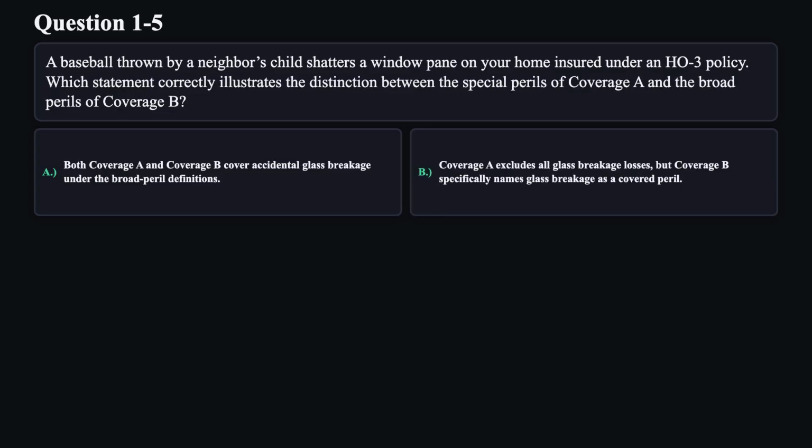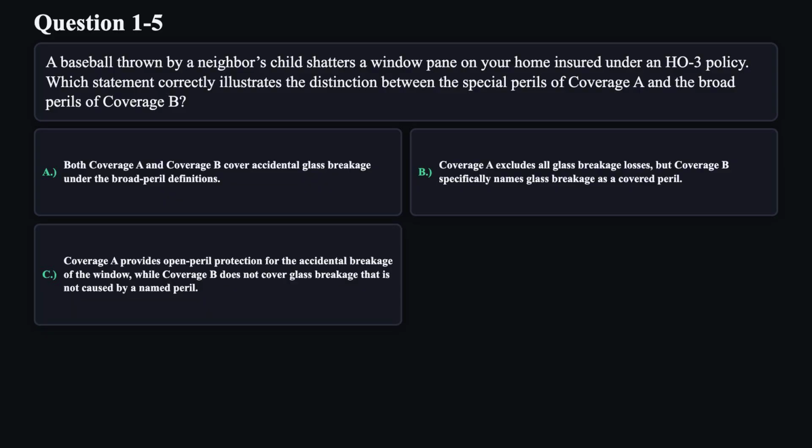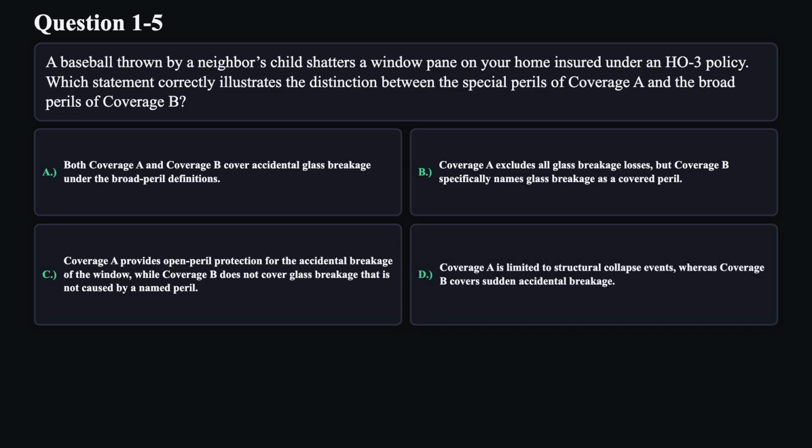B. Coverage A excludes all glass breakage losses, but Coverage B specifically names glass breakage as a covered peril. C. Coverage A provides open peril protection for the accidental breakage of the window, while Coverage B does not cover glass breakage that is not caused by a named peril. D. Coverage A is limited to structural collapse events, whereas Coverage B covers sudden accidental breakage.